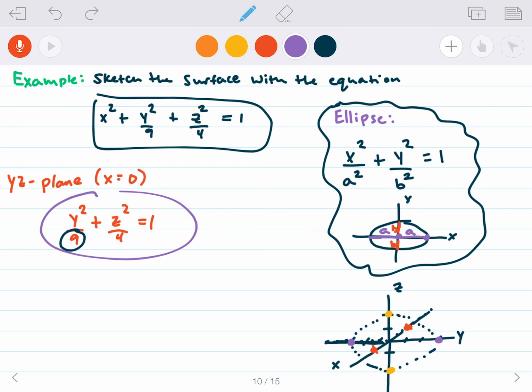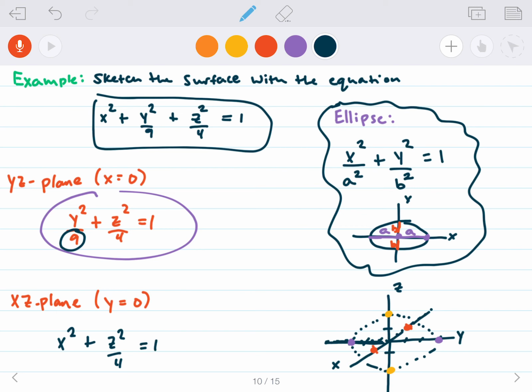Now let's take a look at what's happening in the XZ plane. So in the XZ plane, that occurs when y is 0. And so what we have is just plugging in y is 0 in here. We have x squared. This clears to 0, of course. So we get x squared plus z squared over 4 equals 1.